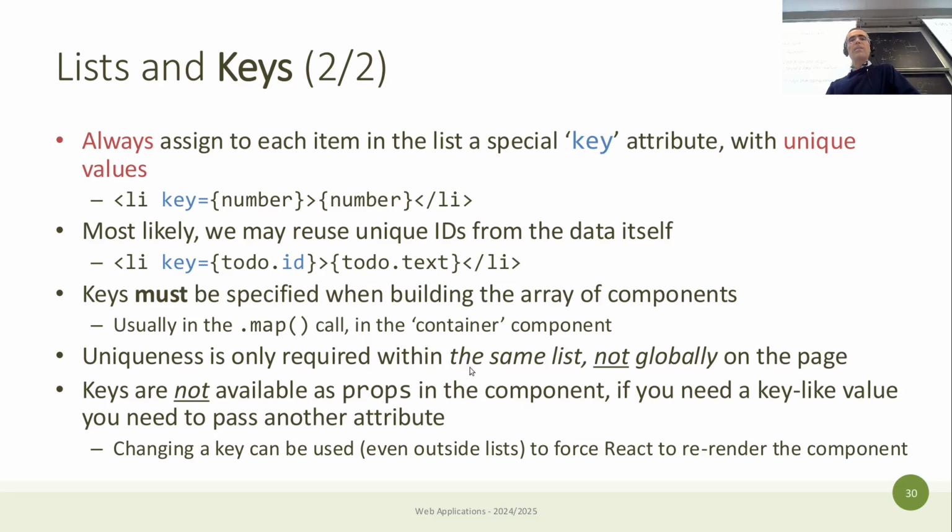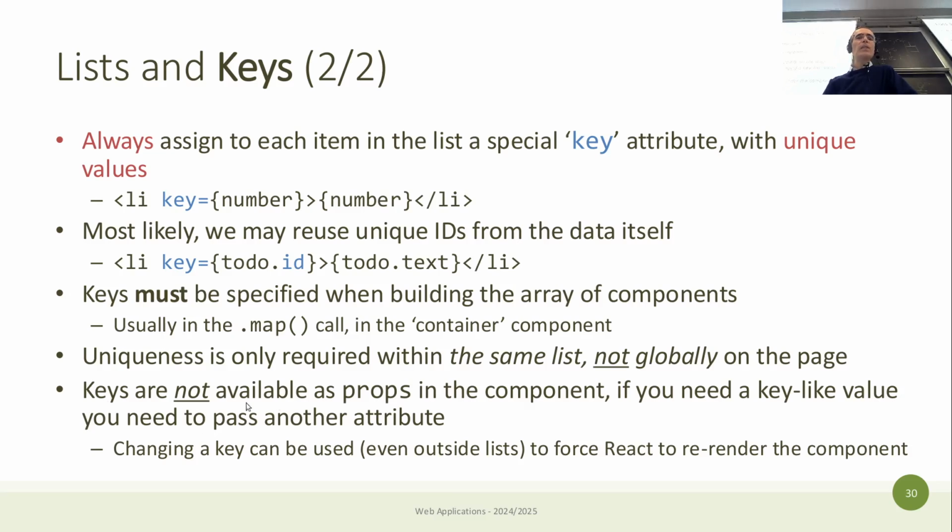So uniqueness is only required in the same list, not globally, because it's internal to React. It encounters a list, it just checks if every key is the same, fine. I don't check further. I go on and I assume everything remained the same.